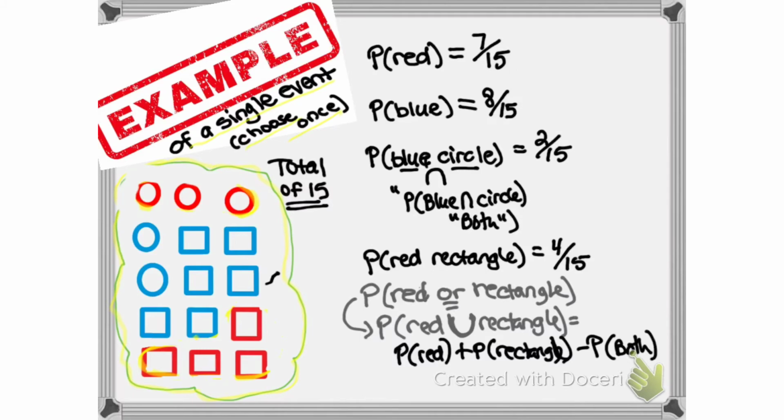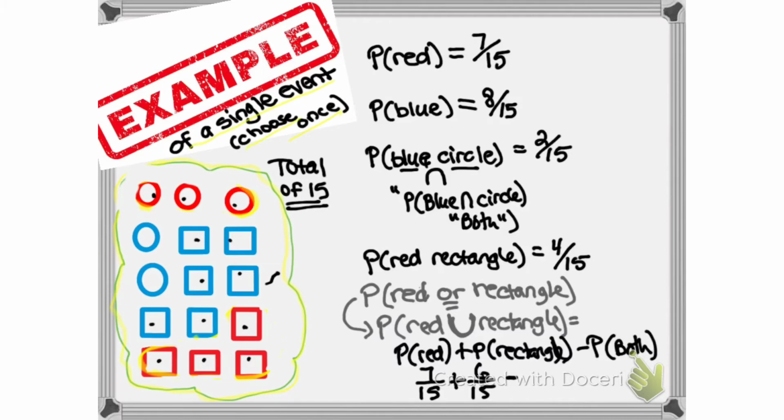That is that formula. So the probability of red is 1, 2, 3, 4, 5, 6, 7: 7 out of 15. The probability of a rectangle, 1, 2, 3, 4, 5, 6 out of 15. And I have to get rid of anything that's both a rectangle but also red.